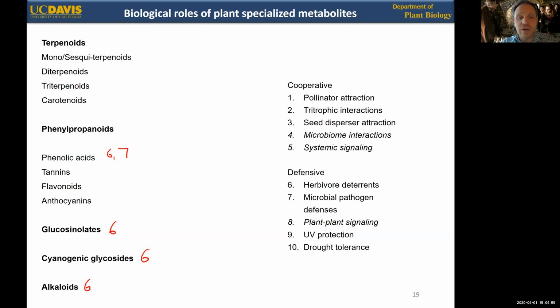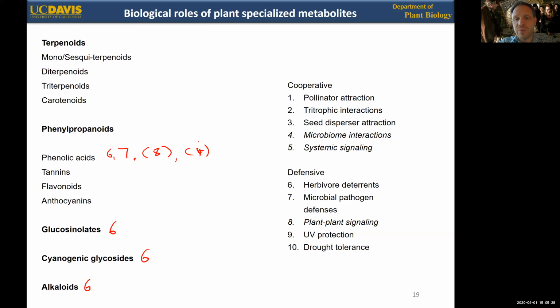Some small phenolic acids may be volatile enough to be involved in plant-plant signaling, and so forth. And then on the cooperative side, they're probably more defensive in this particular case, but they could be involved also in some microbiome interactions. There's some work going on on that.